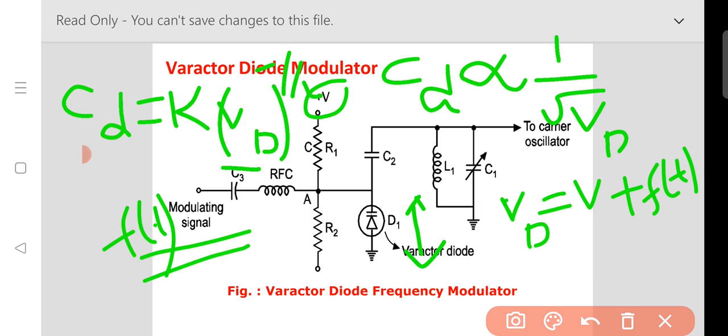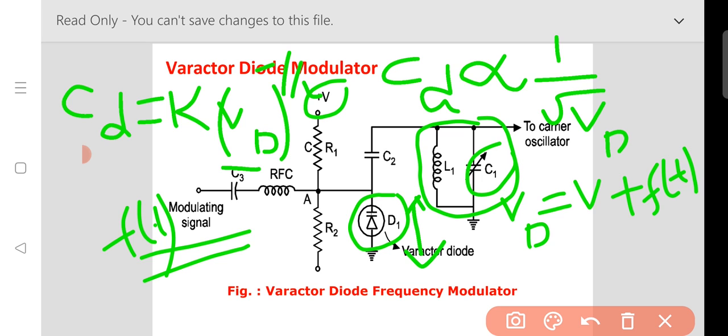Now, what is the total capacitance of the oscillator tank circuit? By observing the circuit, the capacitors in this tank are indicated by C1, and here the capacitor is indicated by CD.